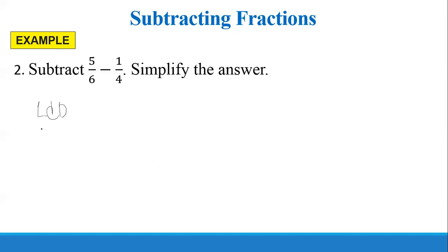So, ano yung denominators natin? We have 6 and 4. So, what are the multiples? We have 6, 12, 18, 24, and so on. And para sa 4, we have 4, 8, 12, 16, 20, and so on.